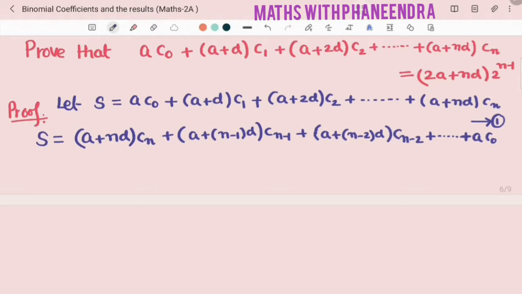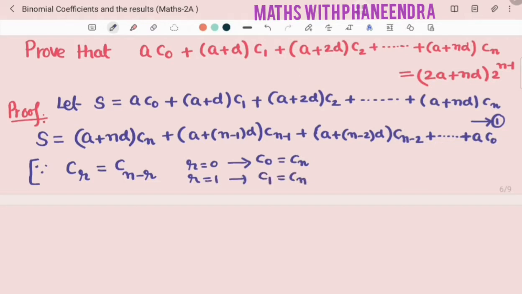Here in permutations and combinations we have that CR is equal to Cn minus R. That means nCr equal to nC(n minus r). Here, what for we are writing this is, suppose if we consider R is equal to 0, then C0 is equal to Cn. R is equal to 1, C1 is equal to Cn minus 1.